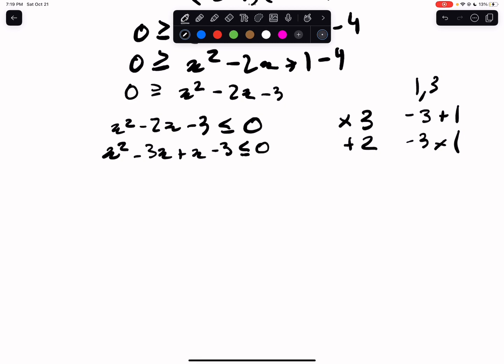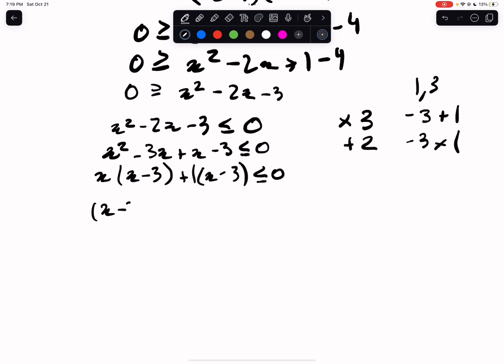You're going to factor out the x from this. There's nothing to factor from here, so we can just keep it as it is. And remember, there is an imaginary 1 over here. Let's factor it. X minus 3, x plus 1.